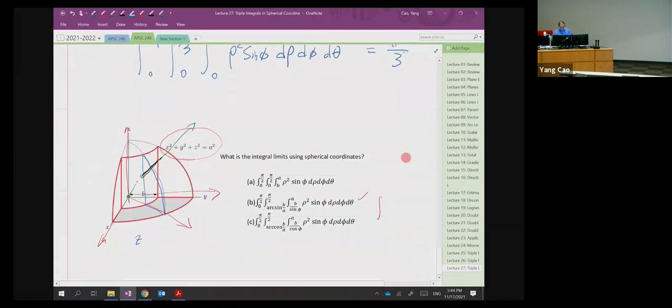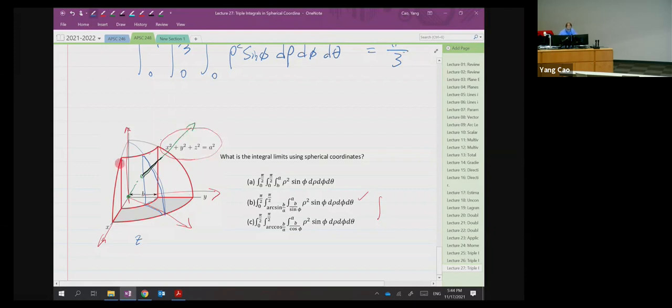Here's a multiple choice question, basically. I'm not sure if you can tell the geometry. The red edges over here give you the geometry of a region D. You can clearly see the region D has one side which is a cylindrical surface, this part here, and the other part is a spherical surface.